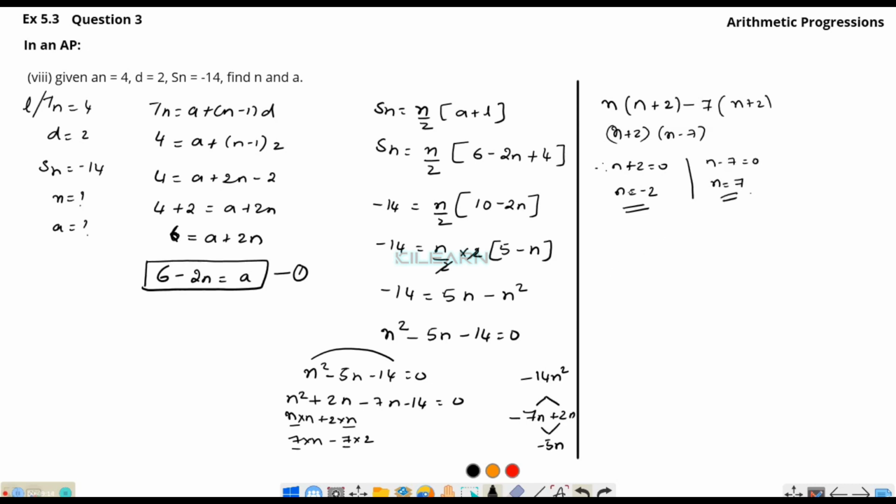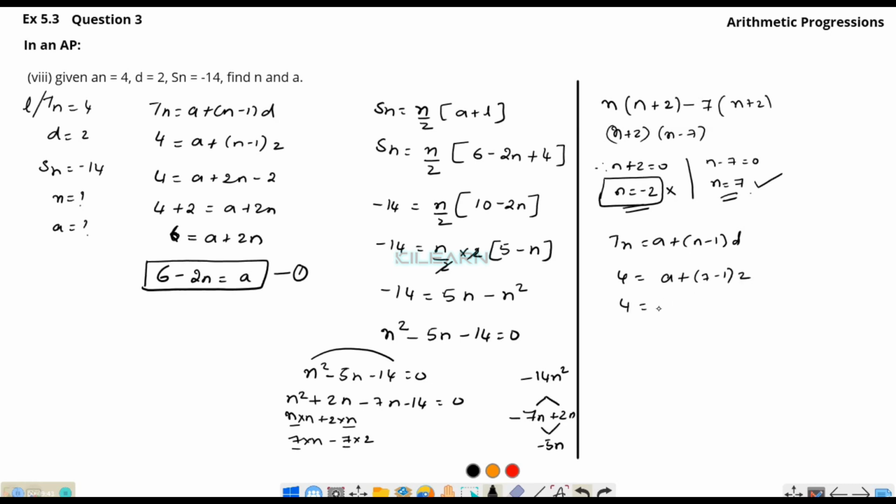We already discussed that we are not going to consider the minus value because the nth value cannot be negative or a fraction. So we are going to consider n as positive 7. Now we are going to find the a value by using Tn, a plus n minus 1 into d. Tn value they have given is 4, a value I need to find, plus n value we got is 7 minus 1, d is 2.